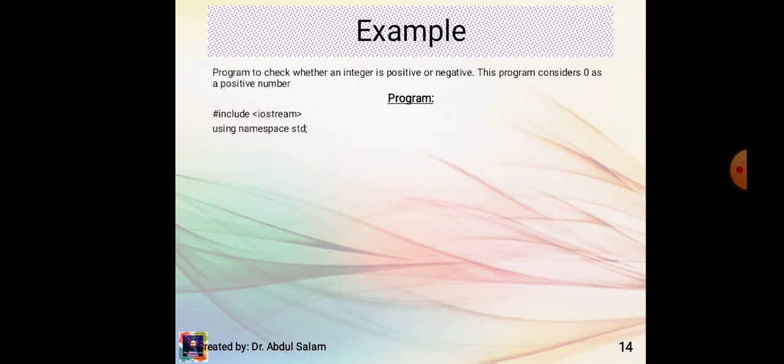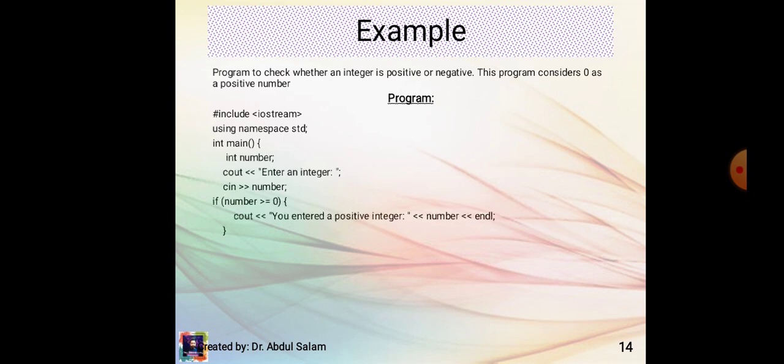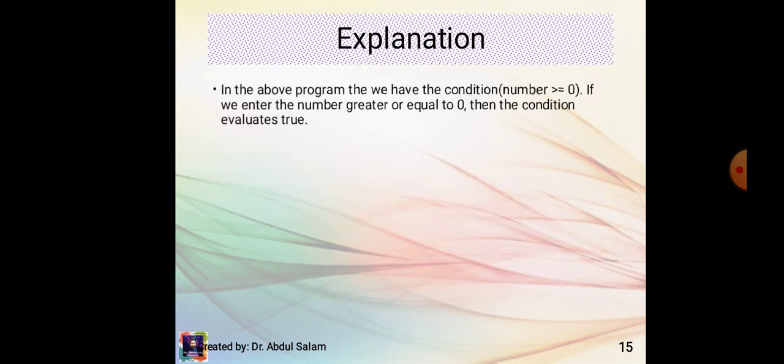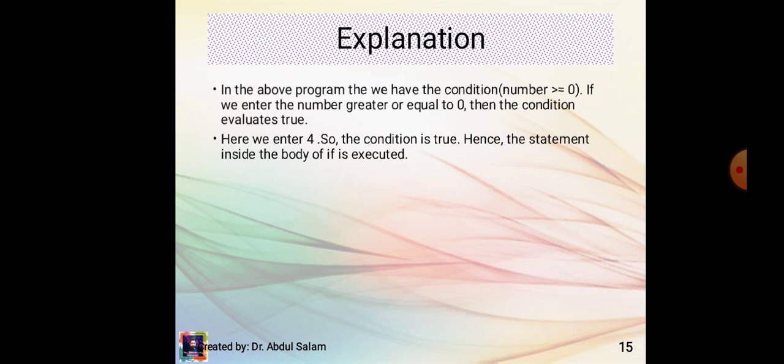Here is an example: program to check whether an integer is positive or negative. This program considers 0 as a positive number. So here is a program and the use of the if-else statement. In the above program, we have the condition number greater than or equal to 0.